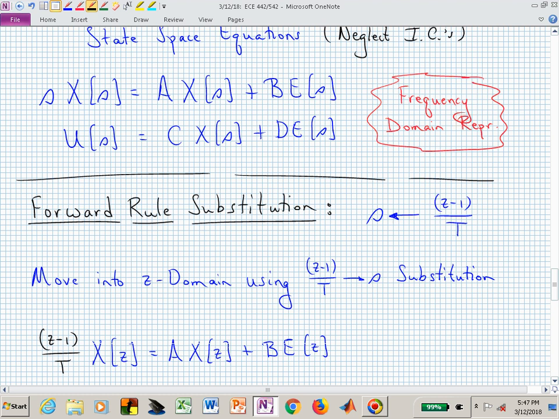But that's just because I know that I'm now converting from continuous time frequency domain to discrete time frequency domain. The important part is to replace the s with this substitution, z minus 1 over T.